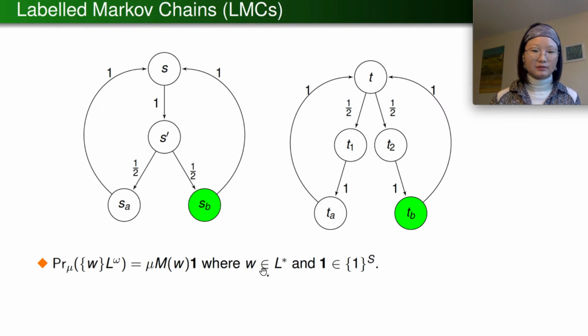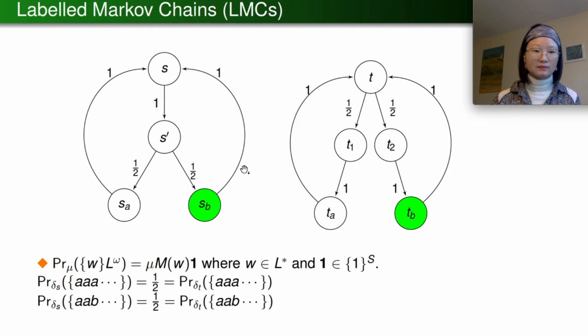Let W be a finite trace, and let the event be the set of all infinite traces with prefix W. Then an LMC with initial distribution mu assigns to this event the probability mu M of W times the 1 vector. This 1 vector is a column vector where all entries are ones.